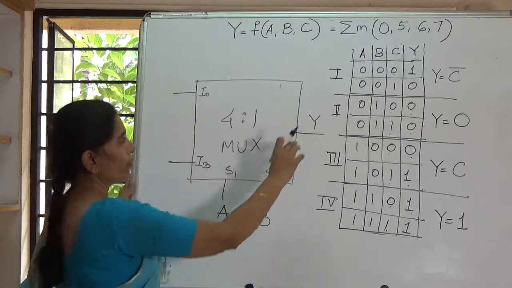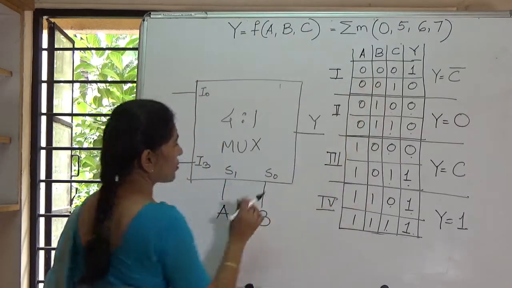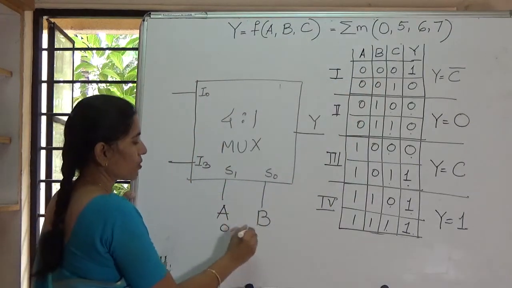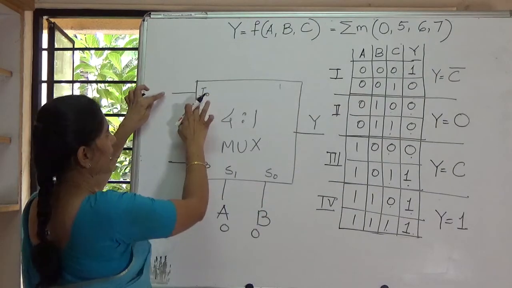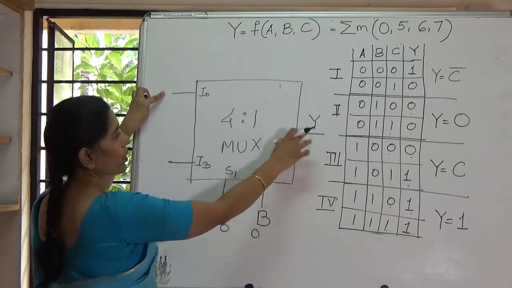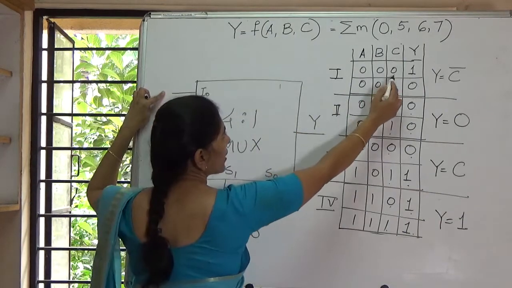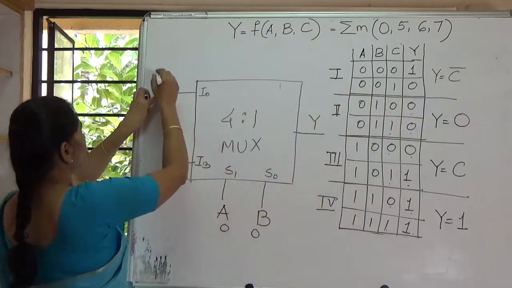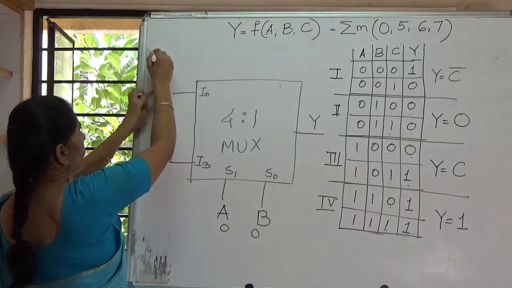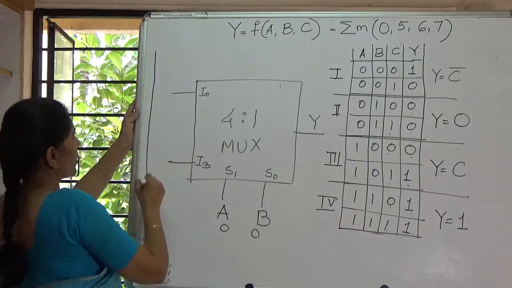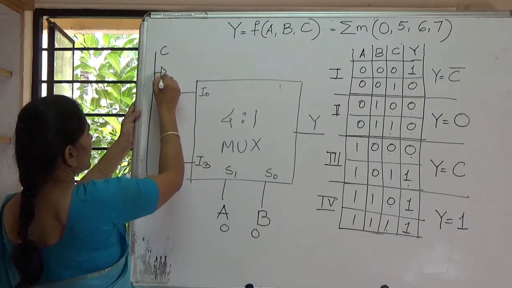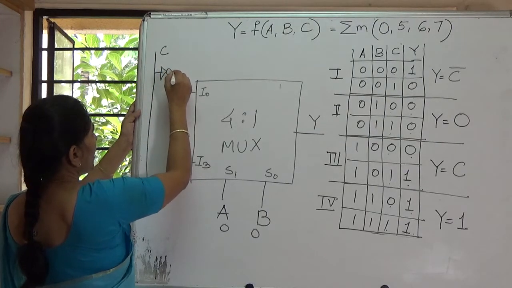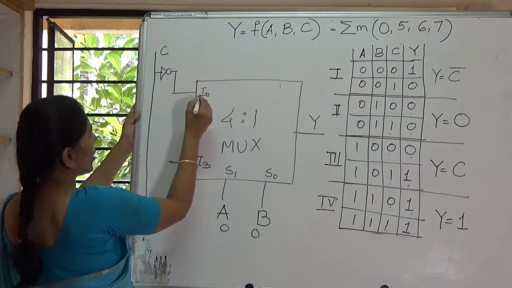So the first group, where A and B is 0, 0: if we give a 0, 0 over here, then the I0 line will be selected, and if I0 is selected, we want Y to be equal to the complement of C. So we take the third input over here as C, we generate its complement using a NOT gate, and we connect this to I0.